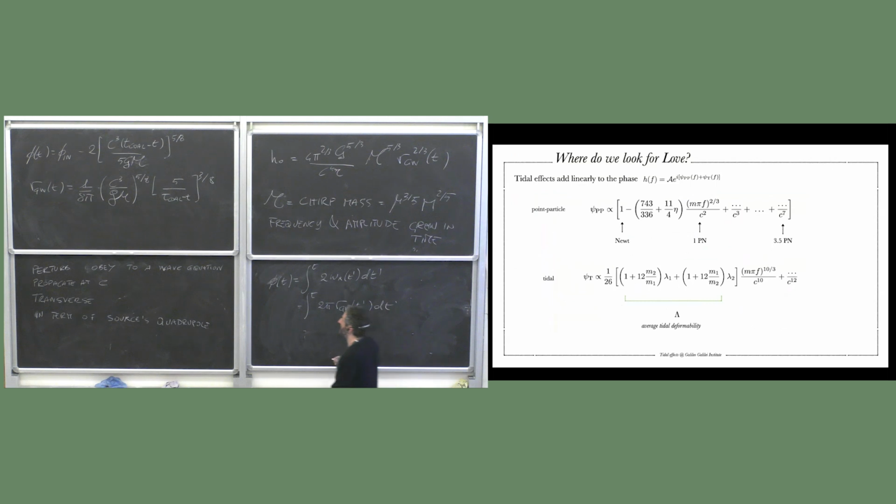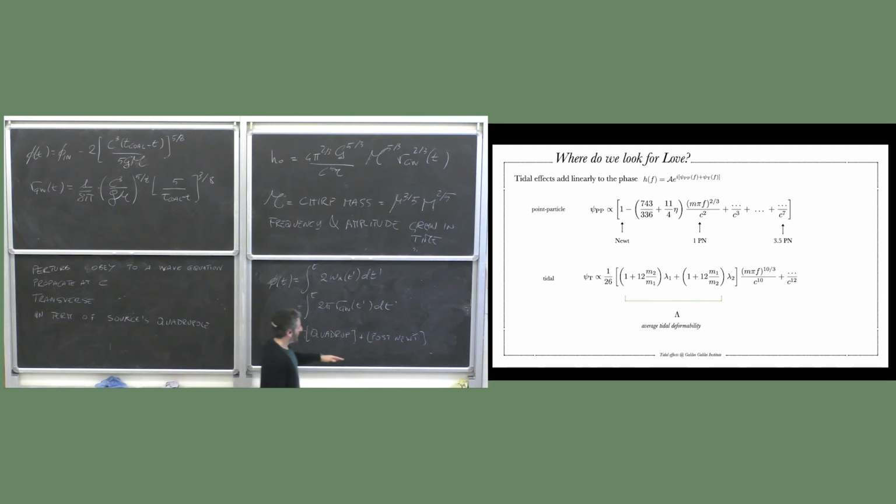So when I wrote at the blackboard that we had the quadrupolar term plus post-Newtonian terms, we have worked out the quadrupolar approximation. In front of the point particle term there is a common factor which depends on the chirp mass, okay? And then we have basically computed that factor there.